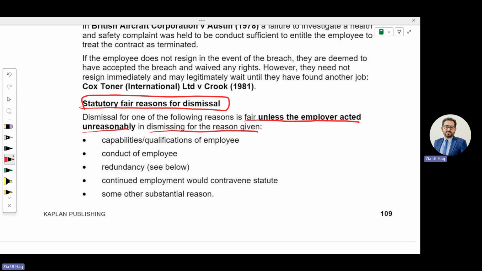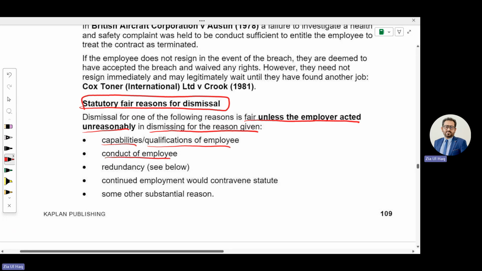Meaning he should act reasonably. Capability, qualification of the employee. If he was not qualified for that job, he is not capable for that job for which he applied at the time of appointment, meaning he showed some fake qualification document. So if the employer dismisses, that is fair dismissal.